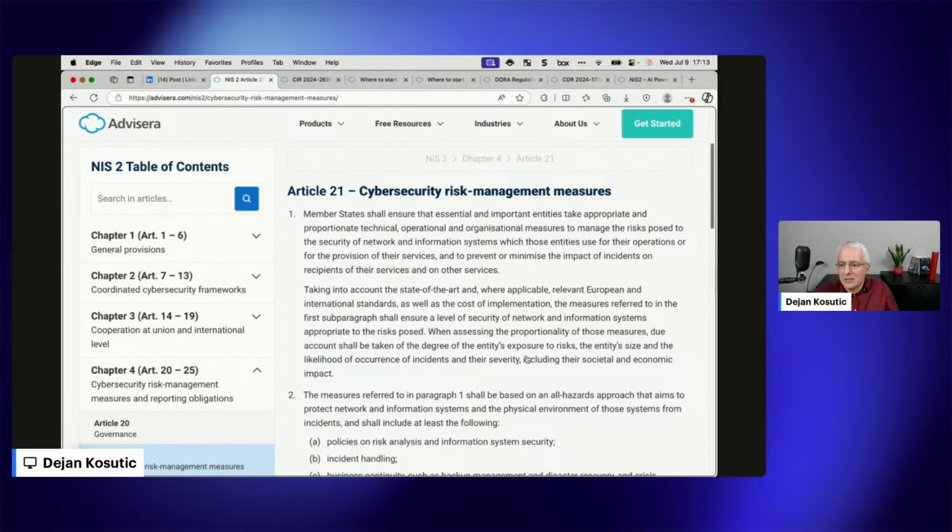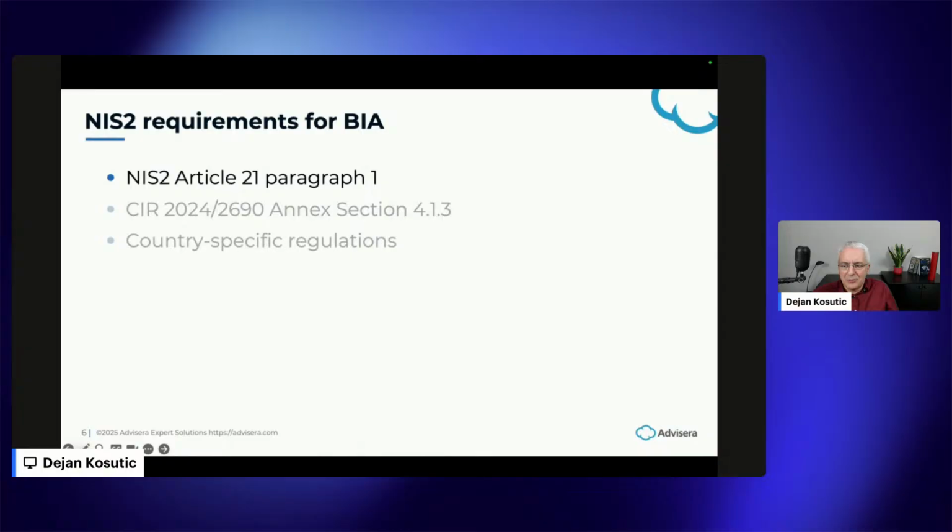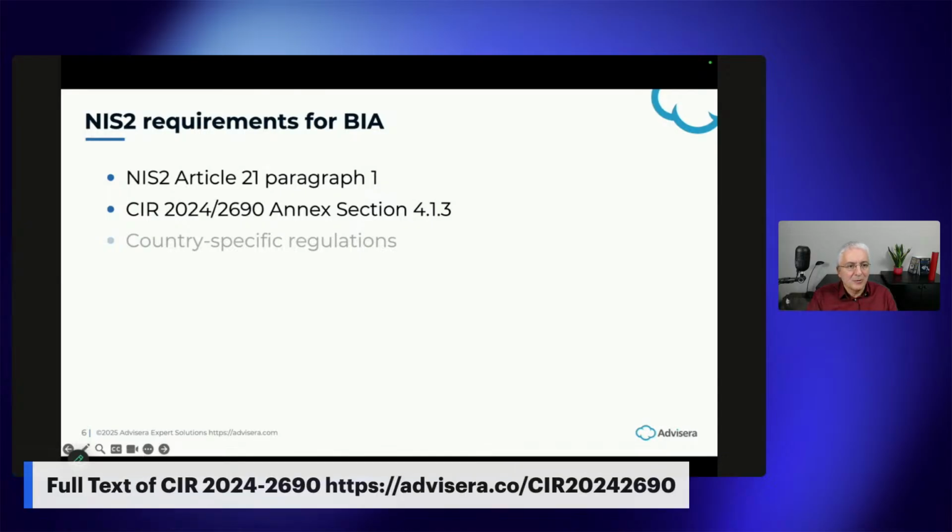Now, going back to my presentation, I also wanted to show you the CIR. CIR stands for Commission Implementing Regulation, and there is this Commission CIR 2024/2690, which basically describes how NIS2 needs to be implemented for digital infrastructure companies.